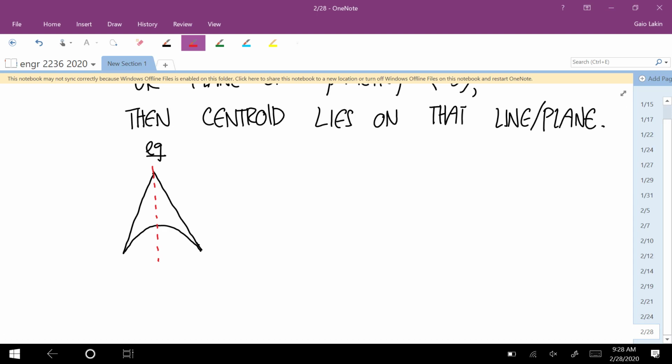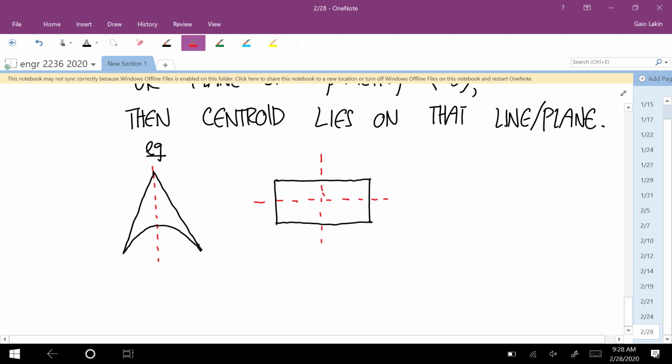Okay. And then if you have shapes that have more than one line of symmetry, like a rectangle or a circle, so this has a line of symmetry this way, and a line of symmetry this way. Well, the centroid has to lie on both of those, so that means the centroid is where those intersect.